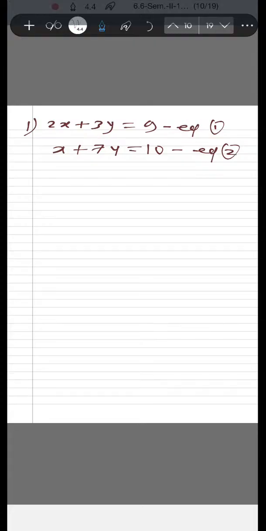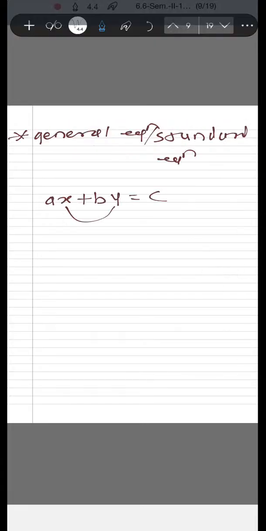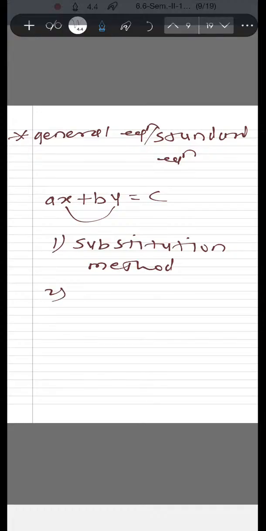See students, the linear equation in two variables, the standard equation ax plus by is equal to c, we can solve by different methods. The very well known one is the substitution method, and the second is the elimination method.